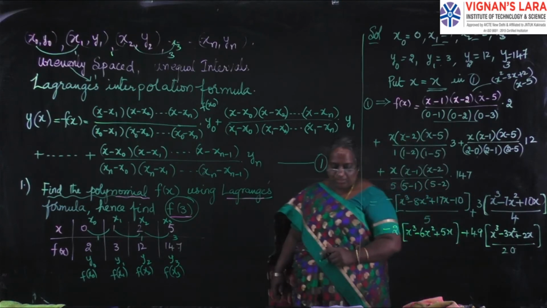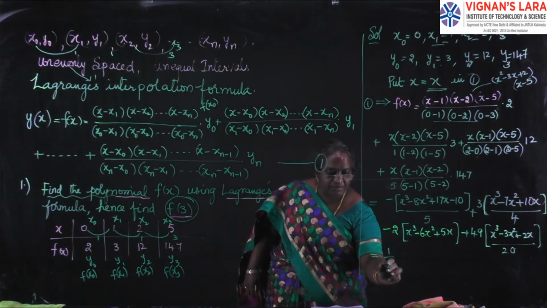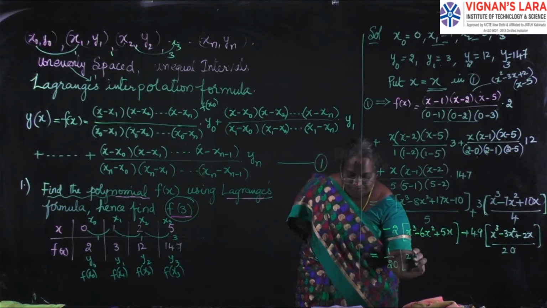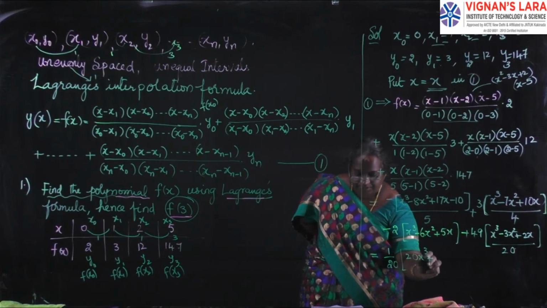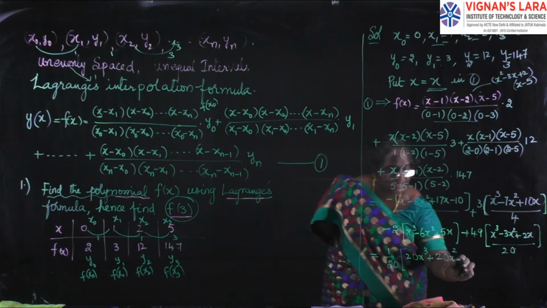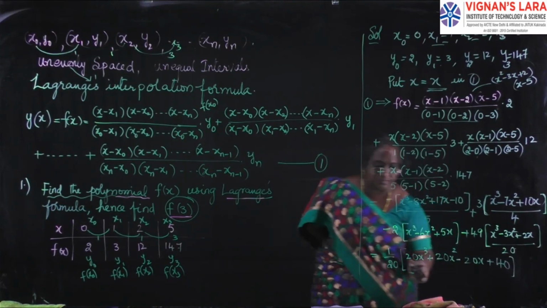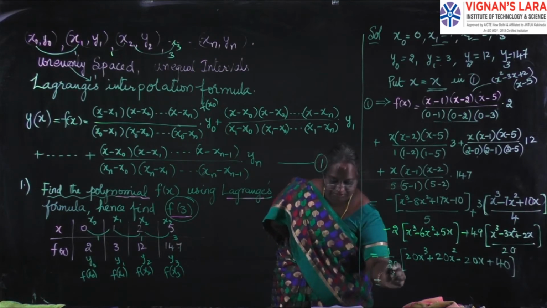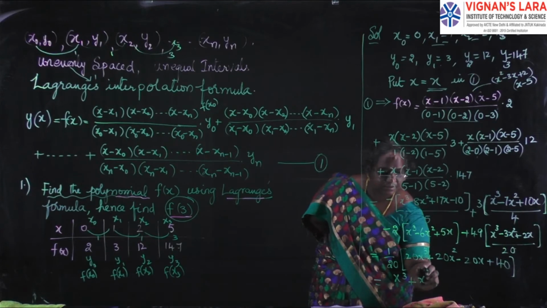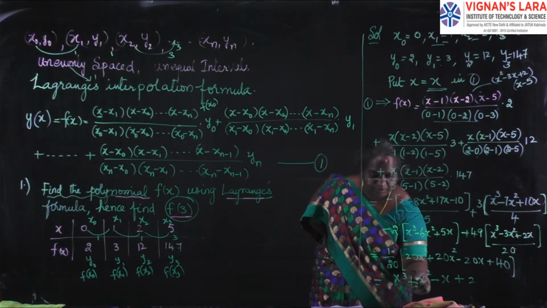So if you simplify all these, with LCM 20, this comes out to be 1 by 20 of 20x cube plus 20x square minus 20x plus 40. This is all algebraic simplification. So this is x cube plus x square minus x plus 2. This is the polynomial you got.